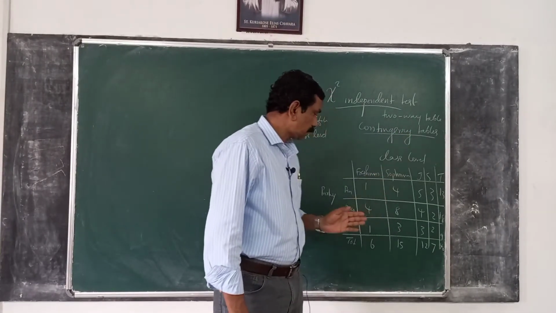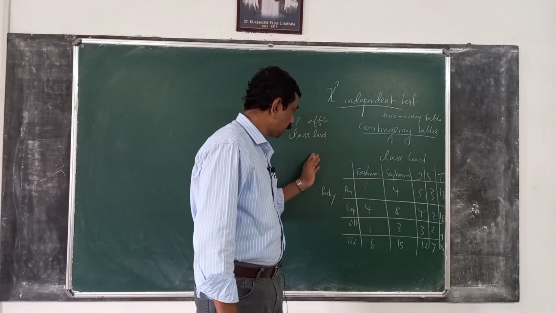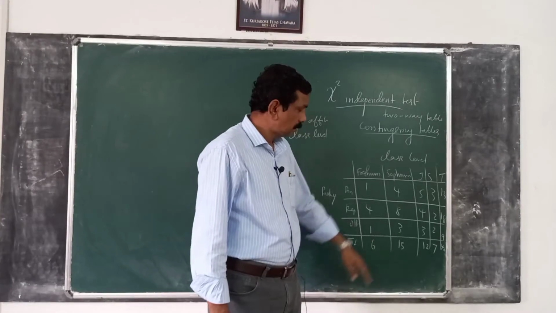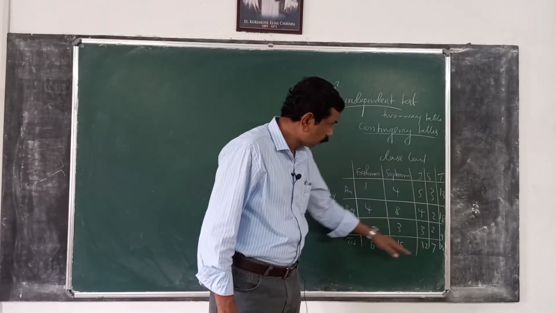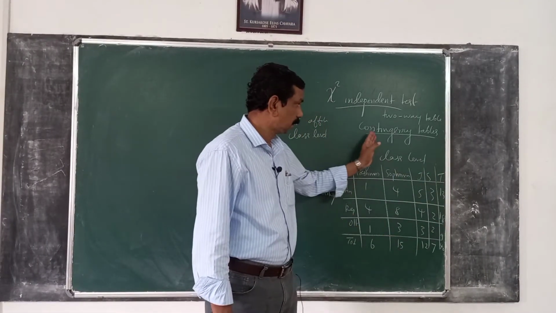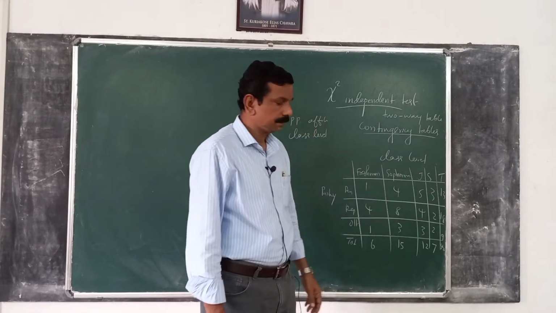Two variables are party affiliation and class level, arranged as a two-way table or a contingency table.